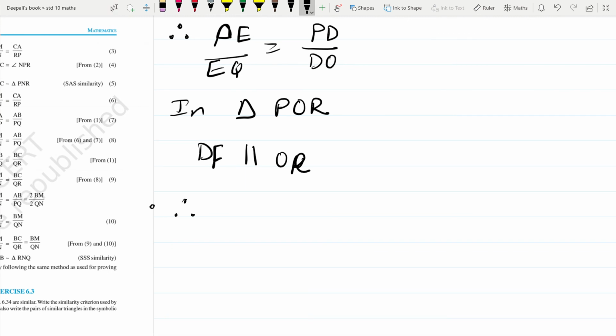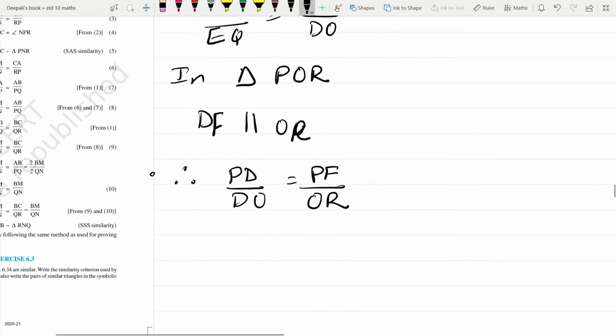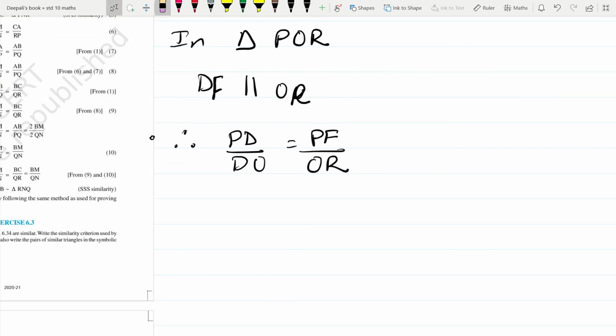Therefore, PD upon DO is equal to PF upon FR.